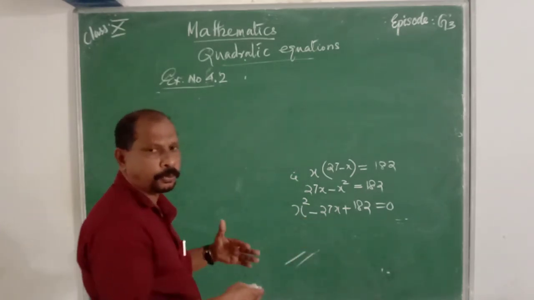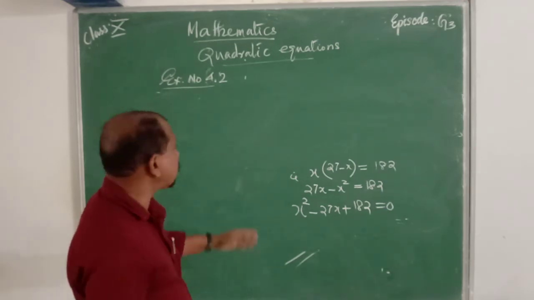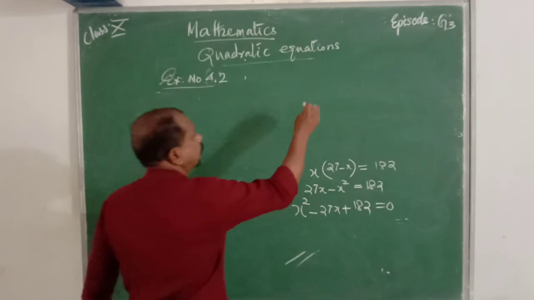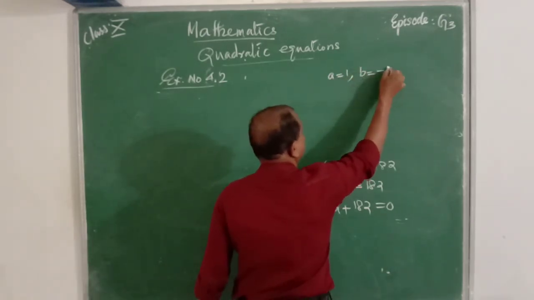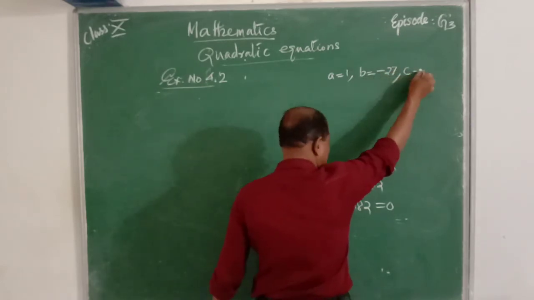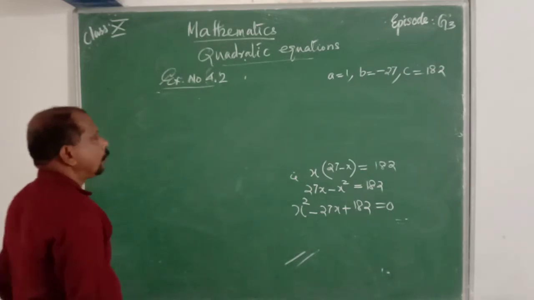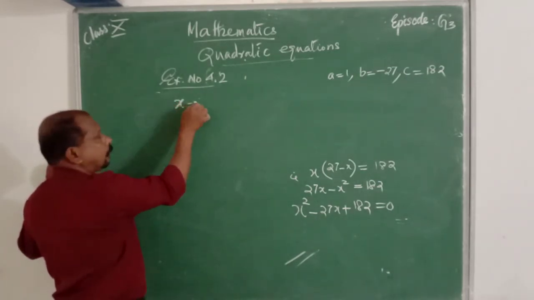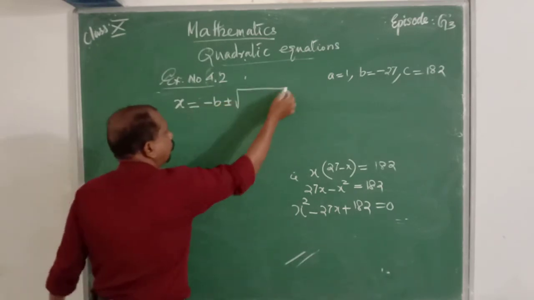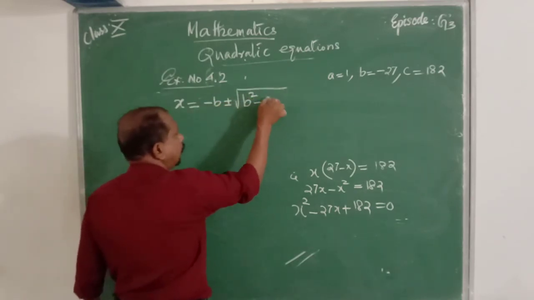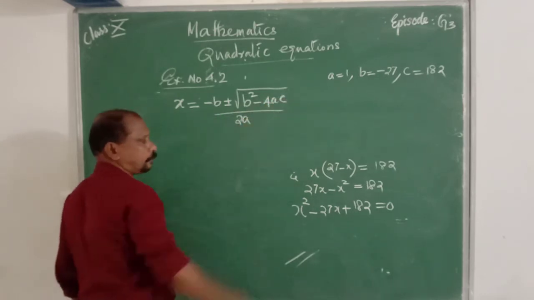If it is not simple, use the quadratic formula. Yes, let us use the quadratic formula. For that one, a is equal to 1, b is equal to minus 27, c is equal to 182. Then what is the formula? x is equal to minus b plus or minus root of b square minus 4ac all divided by 2a. That is what I know.